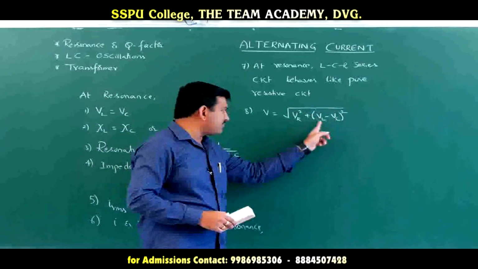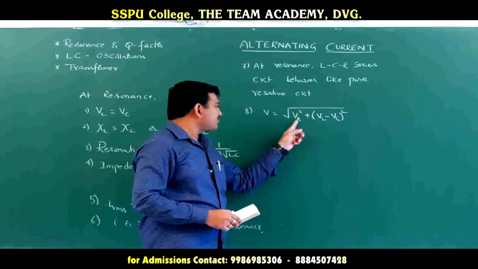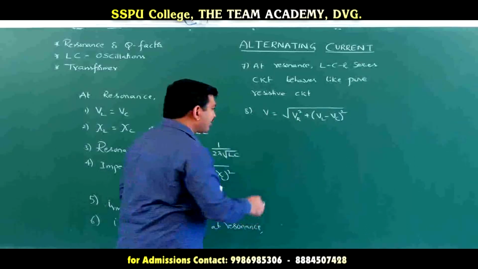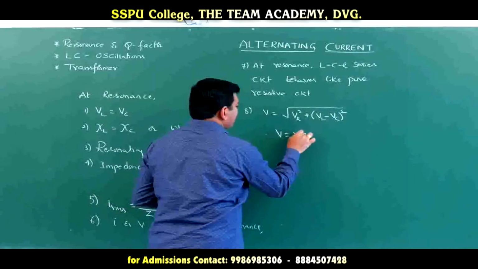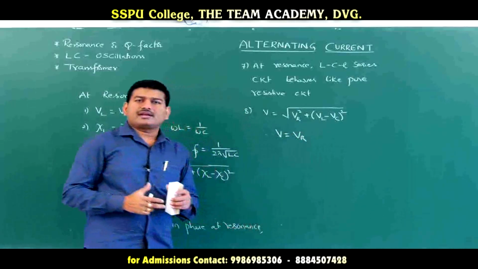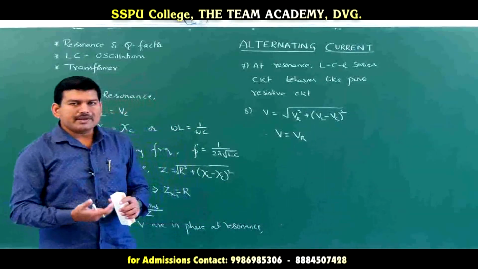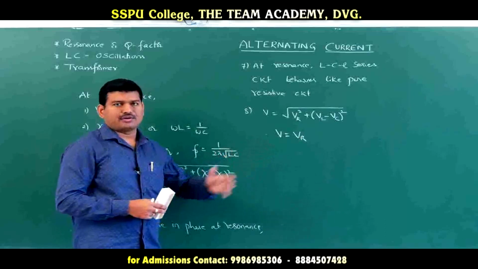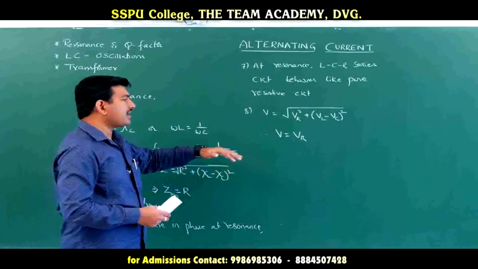Therefore this term becomes 0, plus V_R squared is there. Therefore, the root of V_R squared is nothing but V. Therefore, at resonance, V is equal to V_R. That means the entire AC voltage that is applied will be dropped across the resistor only. Understood this clearly or not? This is true only under the resonating condition.